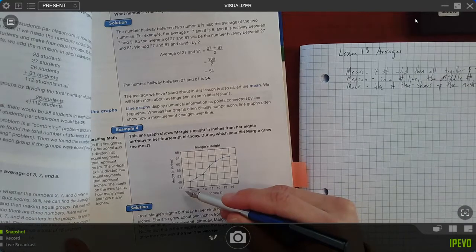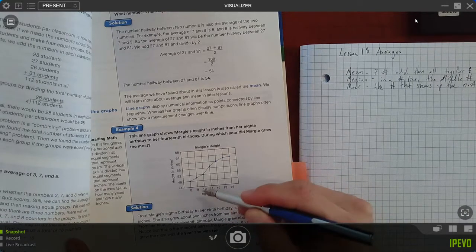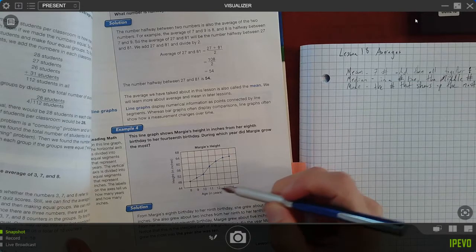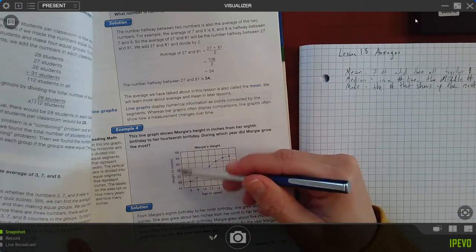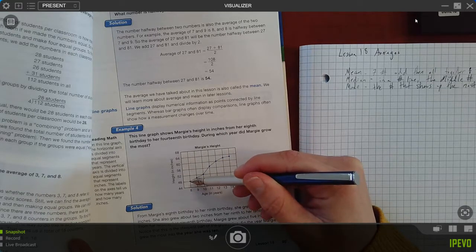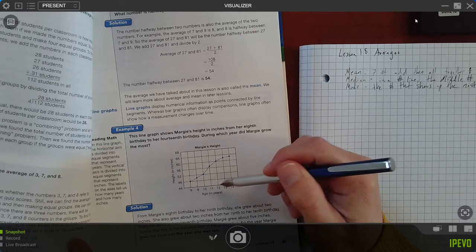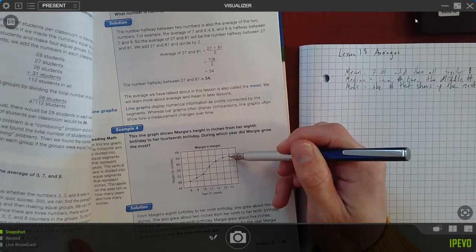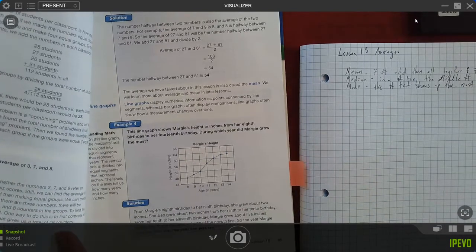So every time x goes up, okay, so every time a year has passed, we're further along over here. And then over here is height. So at age 8, she's 48 centimeters, or 48 inches. Over at 14 years, she's 63. Okay. So that's how that works.